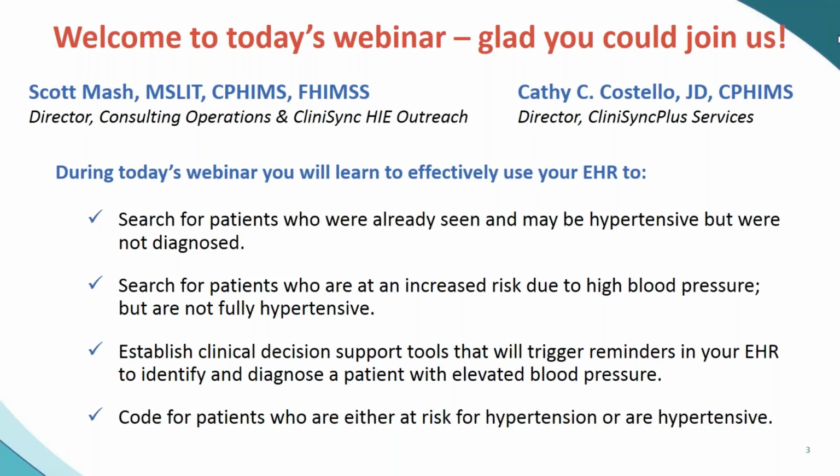The last thing we're going to look at is coding for patients with hypertension. Since we're into the new world of ICD-10, there are, of course, new codes that came out last October around hypertension. So we'll look at those also.